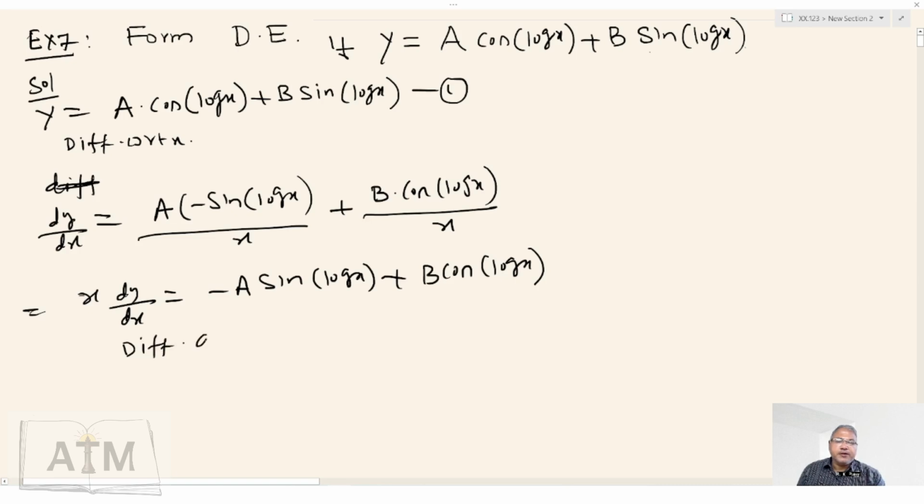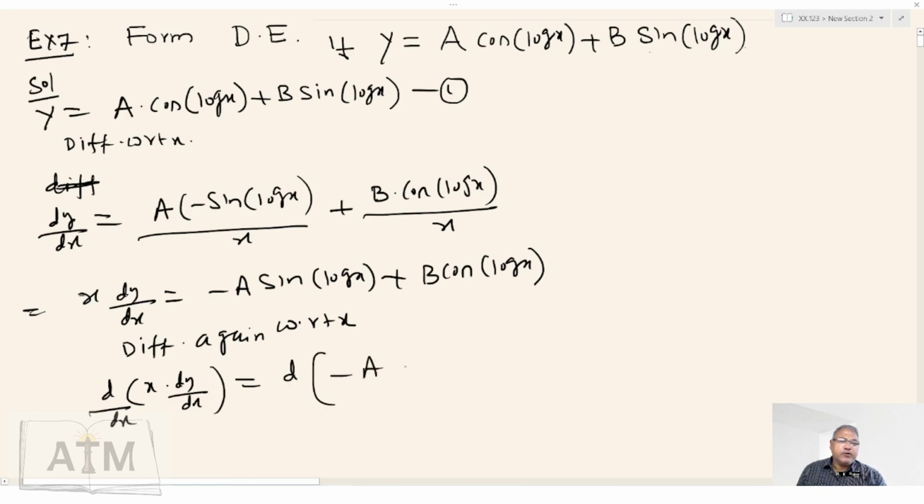Differentiating again with respect to x, the differentiation of x into dy by dx with respect to x equals the differentiation of minus a sin of log x plus b cos of log x with respect to x.